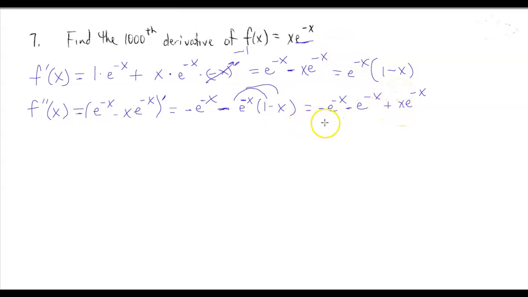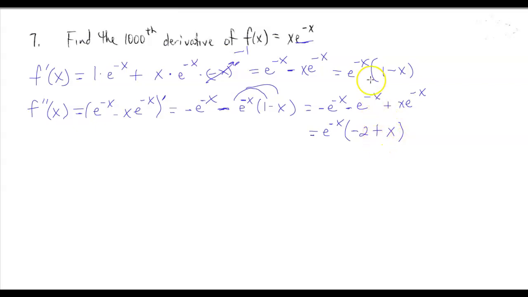And so here, notice that I have an e raised to the negative x in all terms. So if I factor that out, what I'm going to be left with here is minus 1, which is a minus 2, plus x there. Okay.